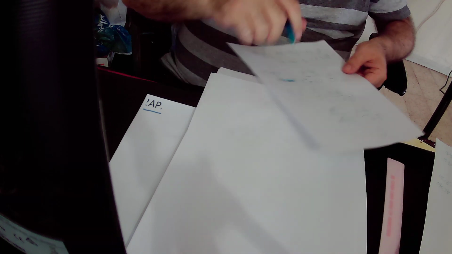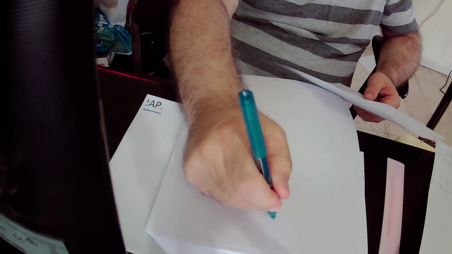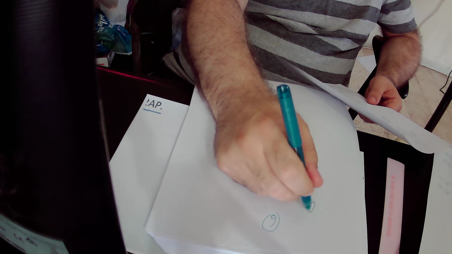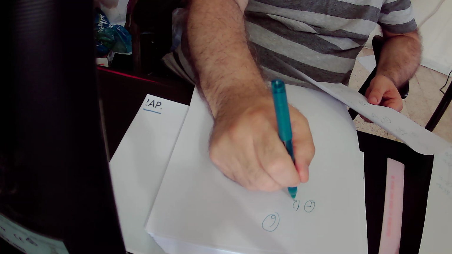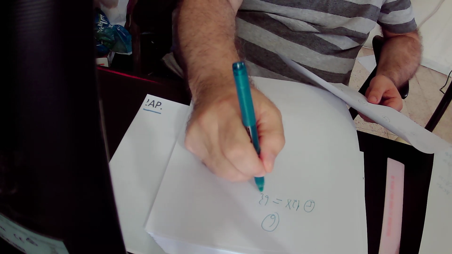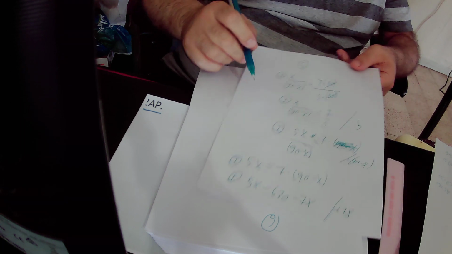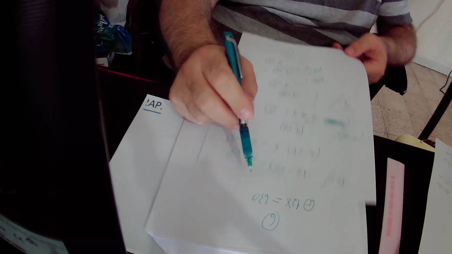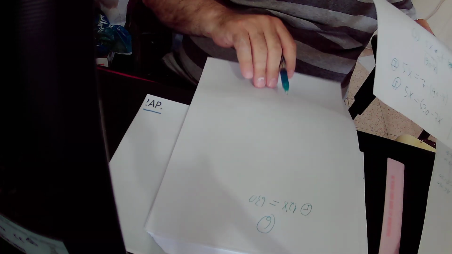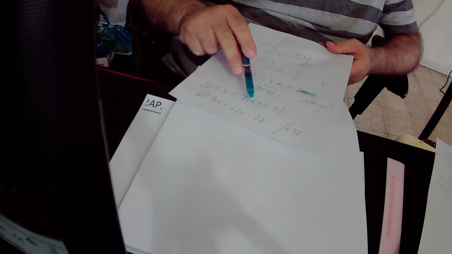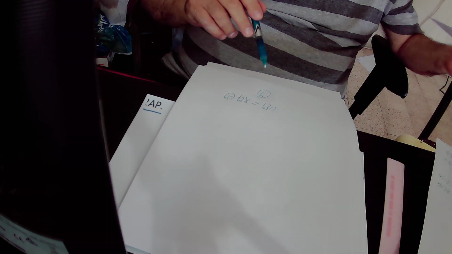We will get that 5x plus 7x equals 12x, and 630 minus 7x plus 7x equals 630.